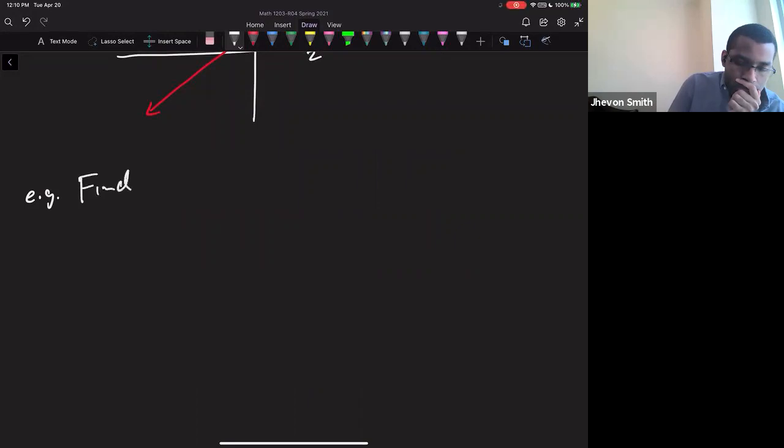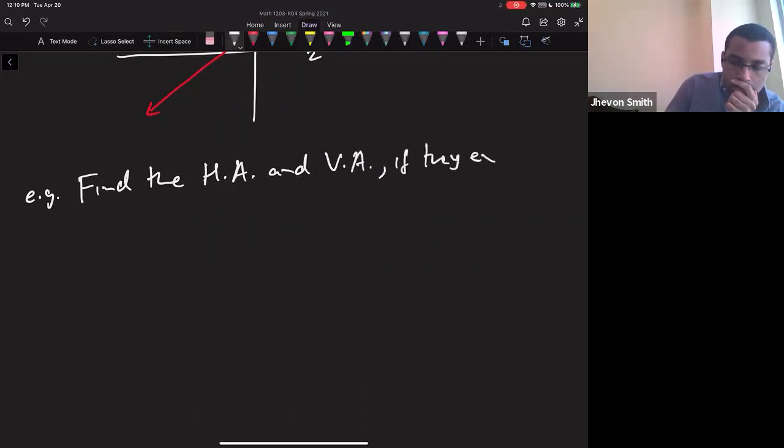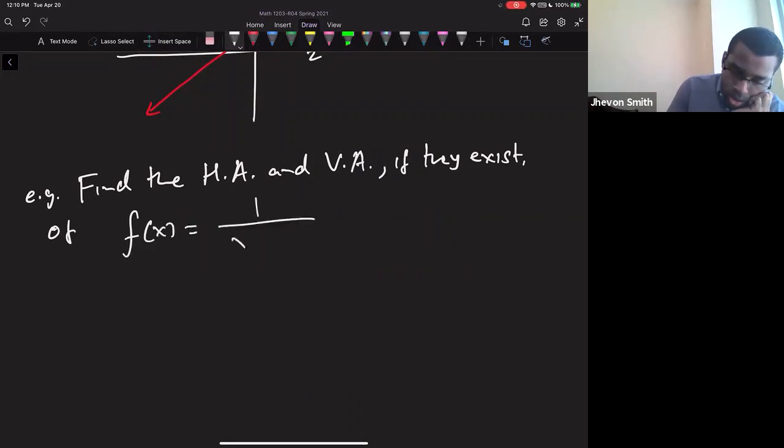Let's do one more example. Find the HA and VA if they exist of this function, f of x equals 1 over x squared minus 4.